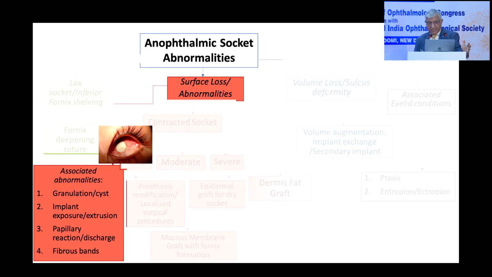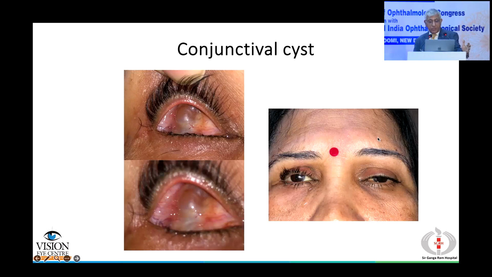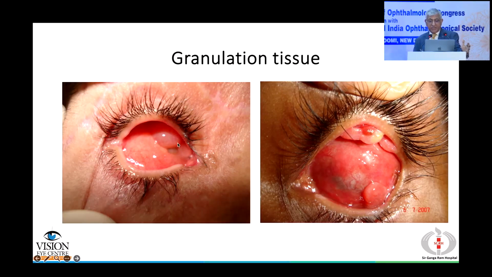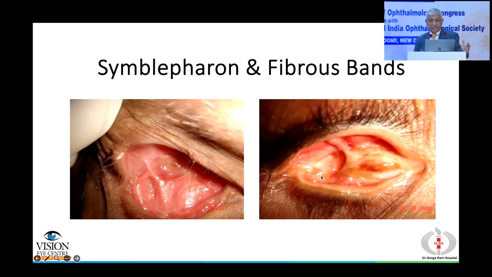You may have various kinds of surface problems. Let's first look at the associated problems like conjunctival cysts, which form at times, like this cyst you can see here, or granulation tissue like this, which forms because of chronic irritation, or you may have a granuloma associated with an exposed implant, which may need to be tackled with removal and graft.